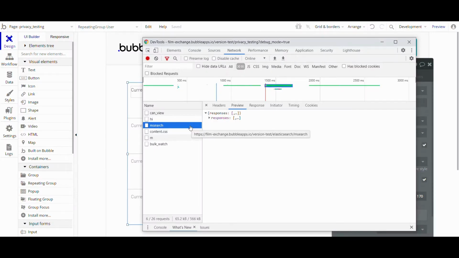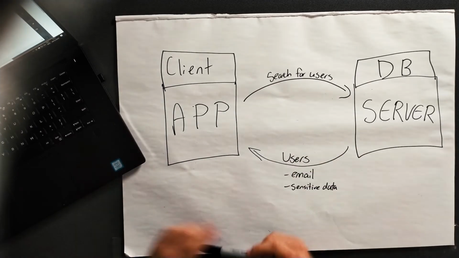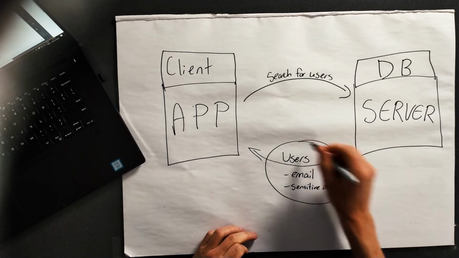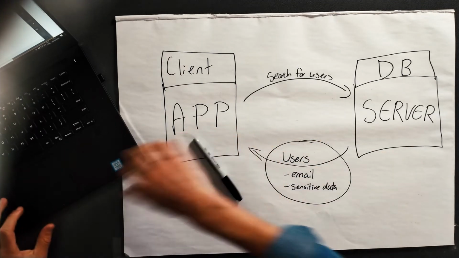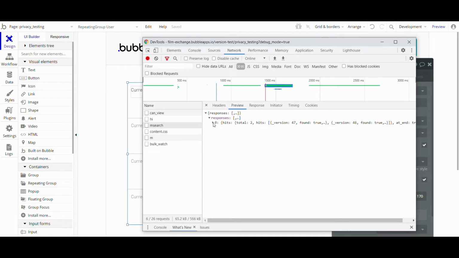This mSearch, which is this package here that's been returned from the server, actually contains, if we go into all of these nested groups here, all of the users that have been returned. So here we've actually got the 2 users, these 0 and 1.